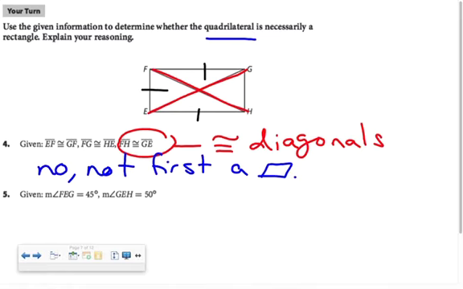Next, we have the angle FEG is 45, and that GEH is 50. Well, that means that the measure of angle FEH would be 95. So it is definitely not.